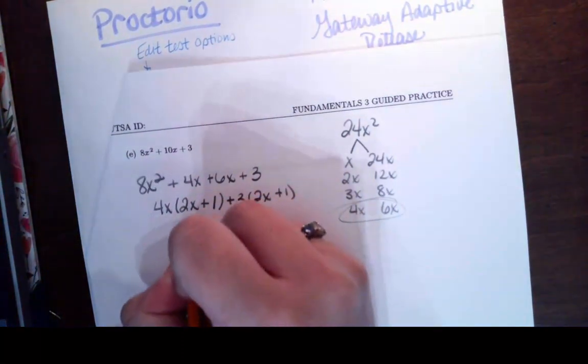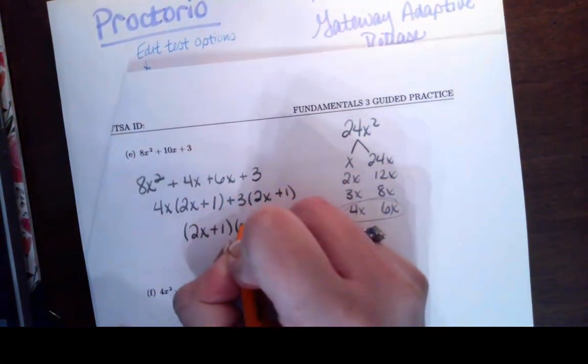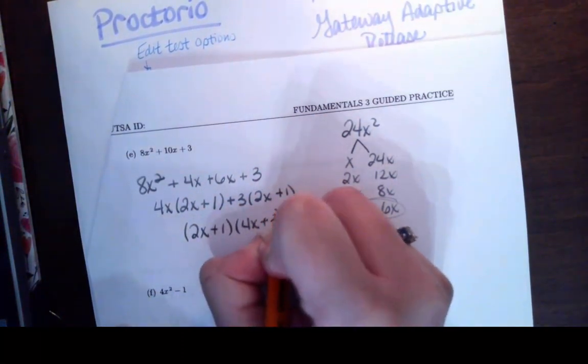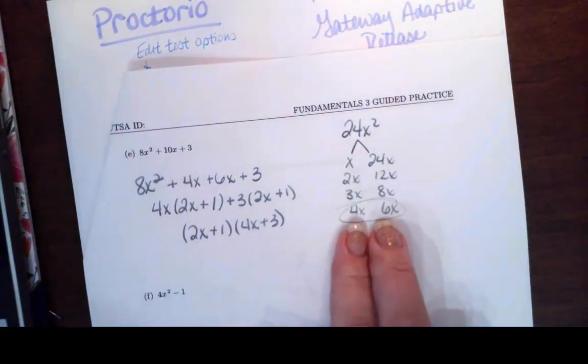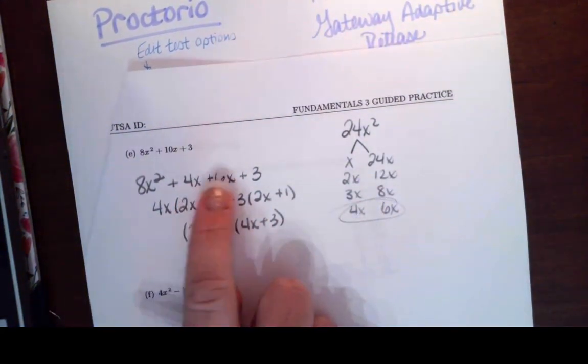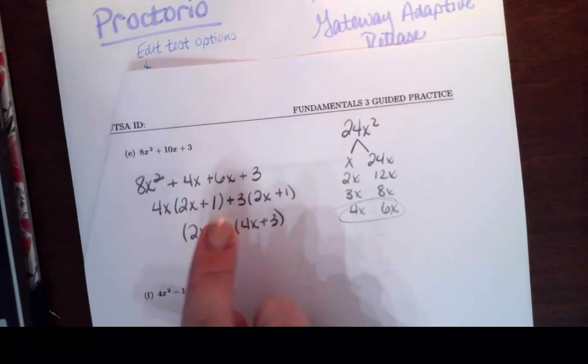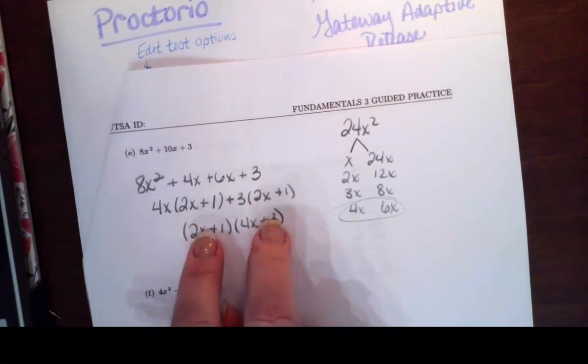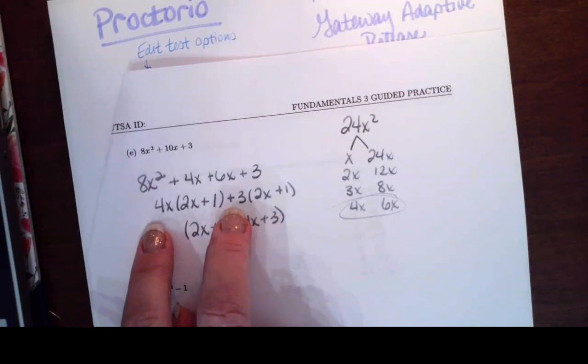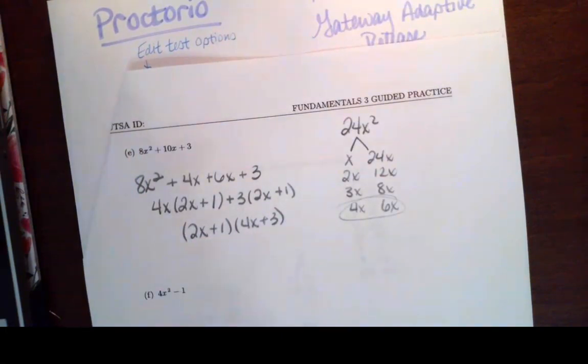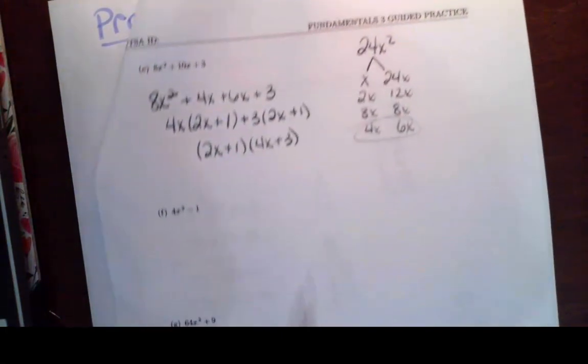Now tell me what is in parentheses and tell me what is not in parentheses. So again, if you would flip-flop the order and put a 6x here and a 4x here, then what would have been in parentheses was your 4x plus 3, and what would have been outside of parentheses would have been a 2x plus 1. You'll get the same answer.